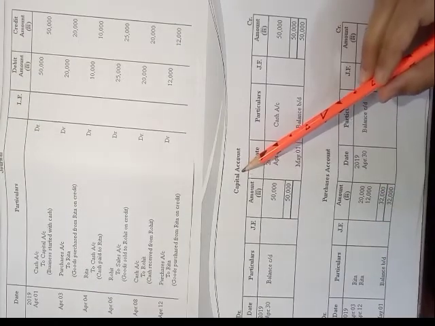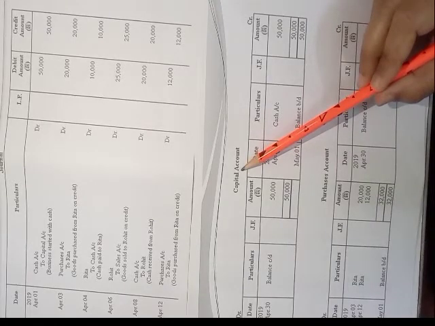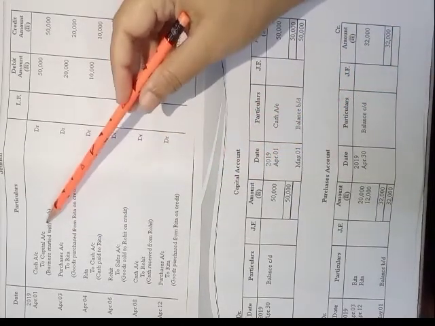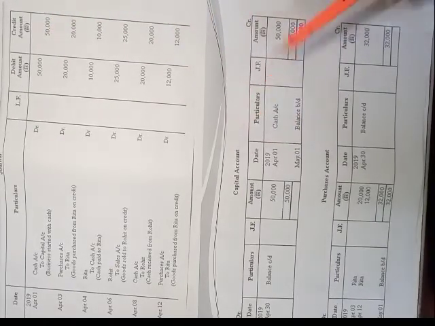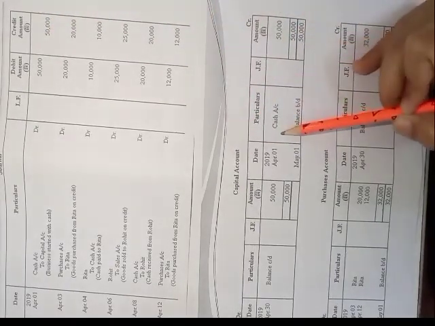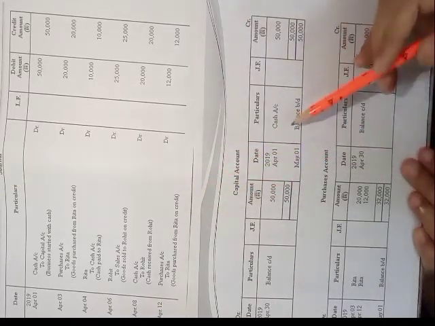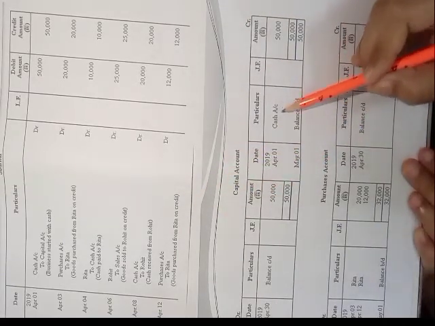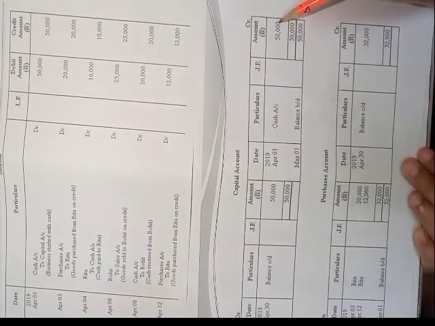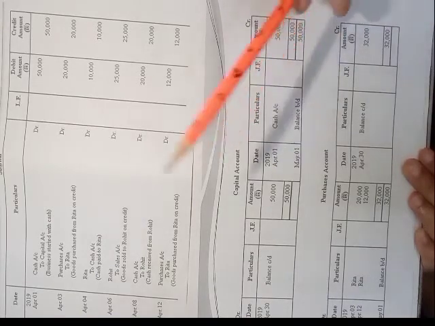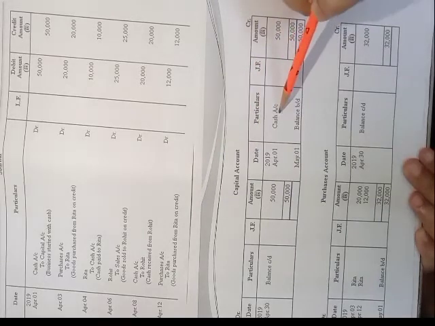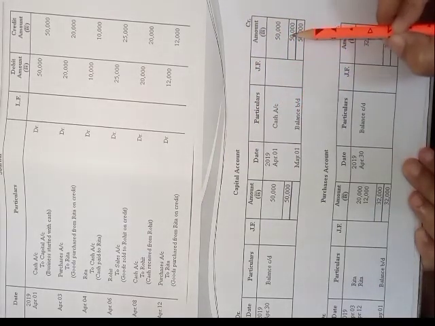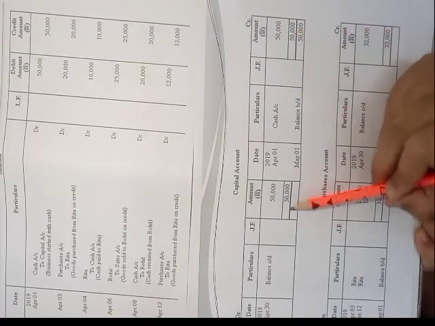Now you just see that the capital account is there. The capital account was credited with 50,000. So in the capital account on the credit side I have written the name of the other account, that is the cash account. The cash account has been written with 50,000. Now with the capital there is no more transaction, only one transaction is there. So I have done the total of this account.